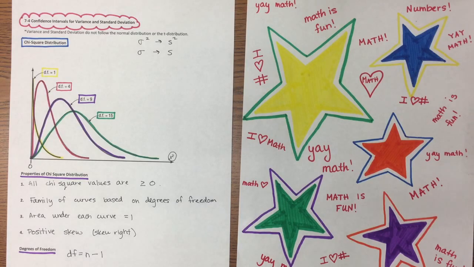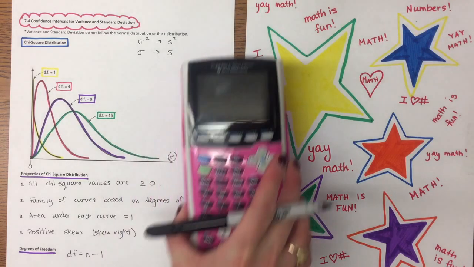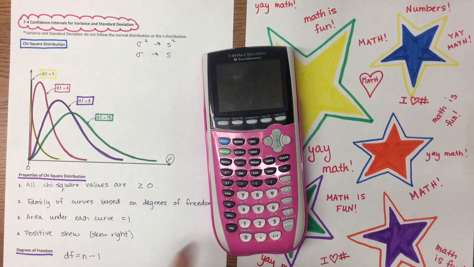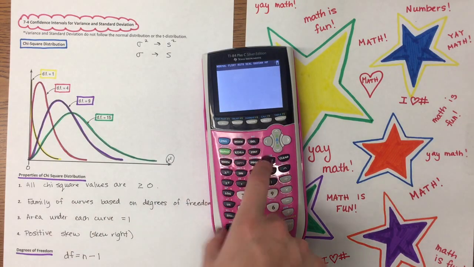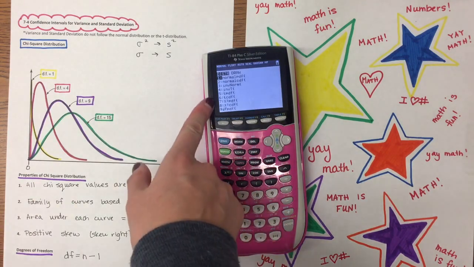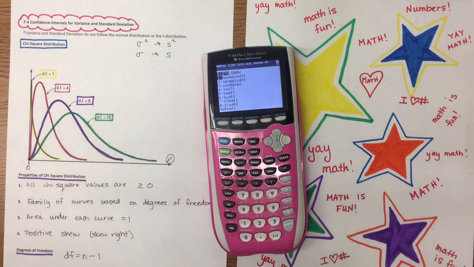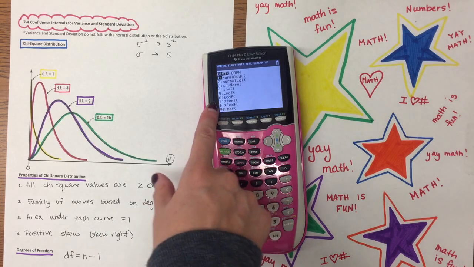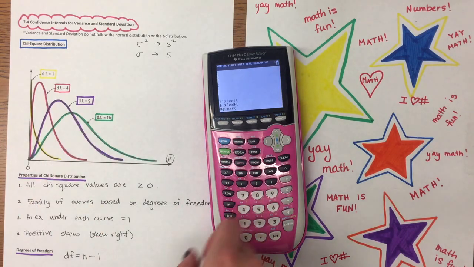Now, with the normal distribution and the t-distribution, I was able to go to my calculator and use it. If you go to your calculator and you look under distributions, you'll see that we have chi-square PDF and chi-square CDF. I believe that the TI-83s do not have chi-square built in. They might, but I don't think they do. But it's really not that useful because this is a chi-square CDF.